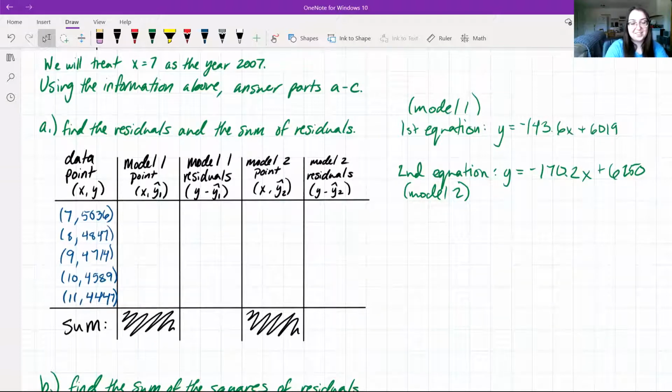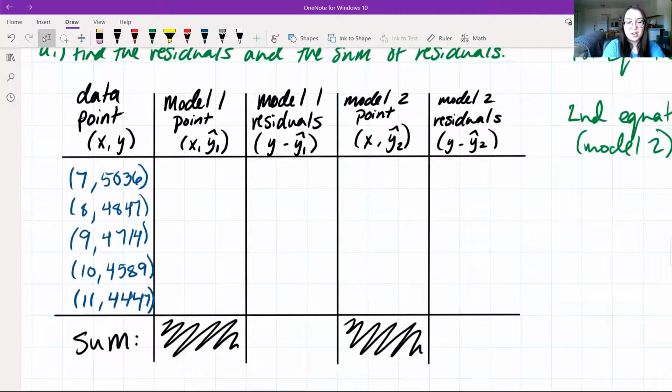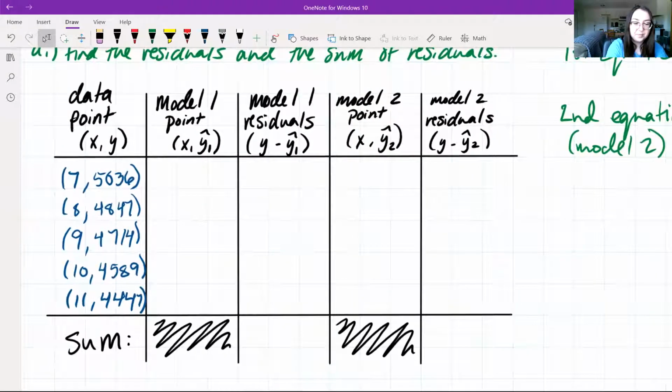All right, so you should have gotten for your Model 1 something along the lines of 7 and 5,013.8.